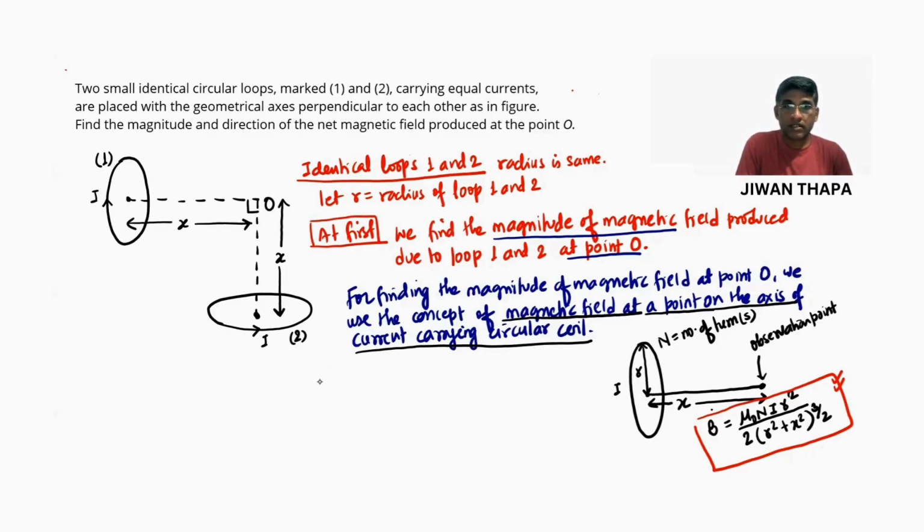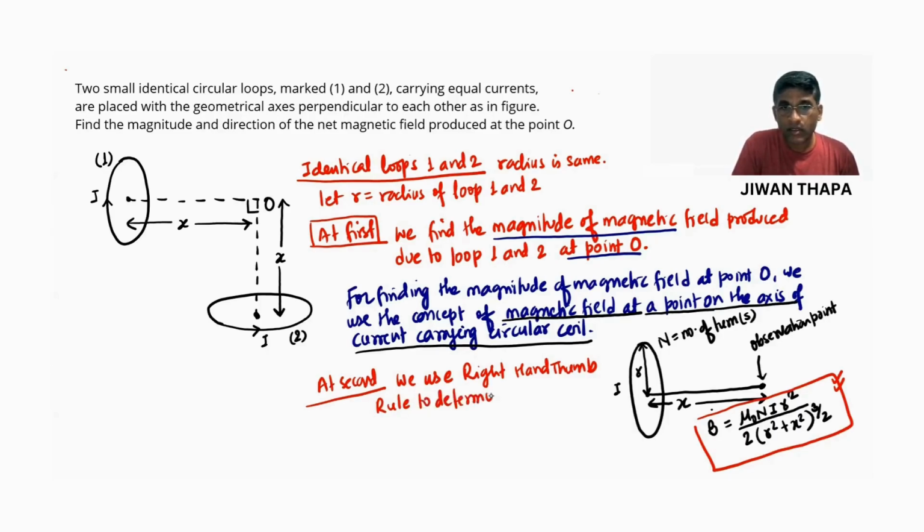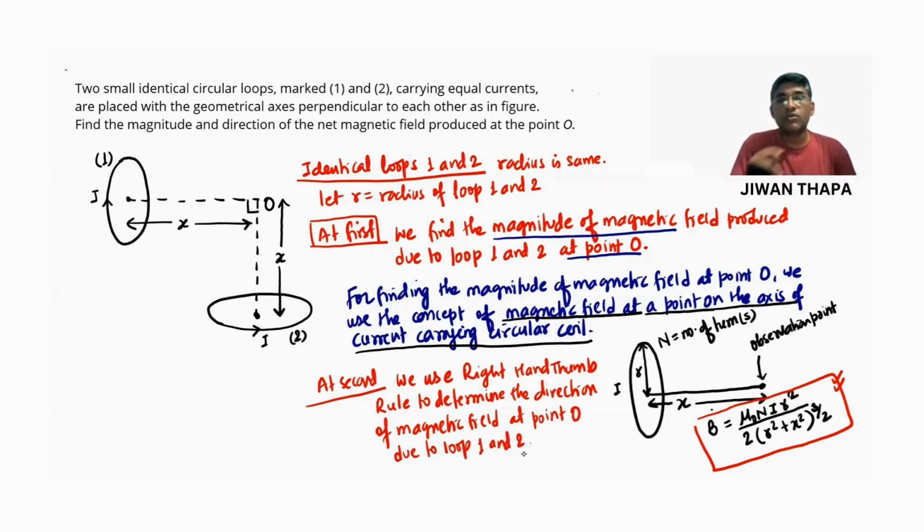Now, second, what we do, we use the right hand thumb rule to determine the direction of magnetic field at point O due to loop 1 and 2. So we have this.